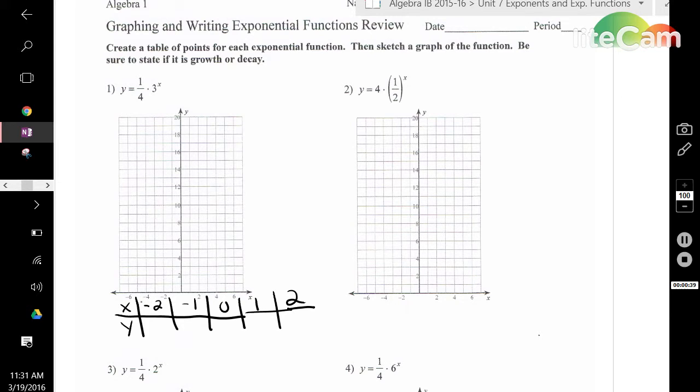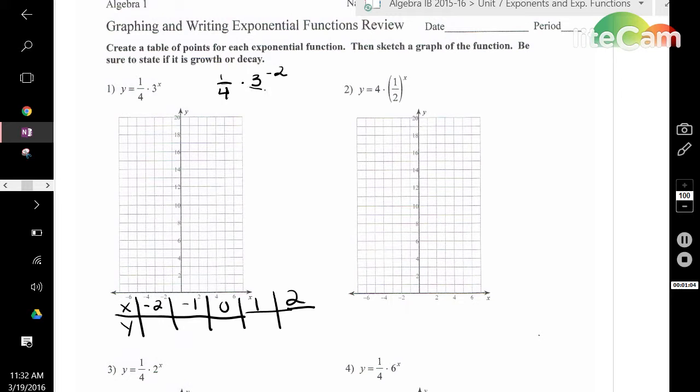What we're going to do is take each one of these x values and plug it into the equation to get the y values. The first x value I'll plug in is -2. So I would have 1/4 times 3 to the -2nd power. As we know from exponent properties, we cannot have a negative exponent.